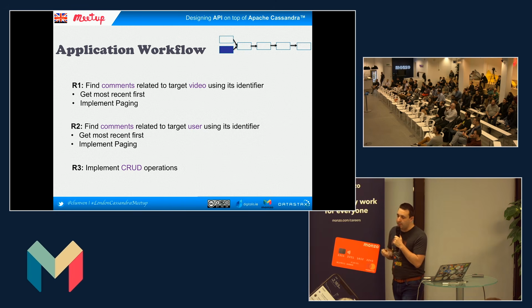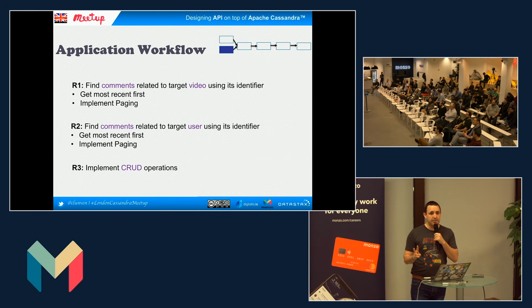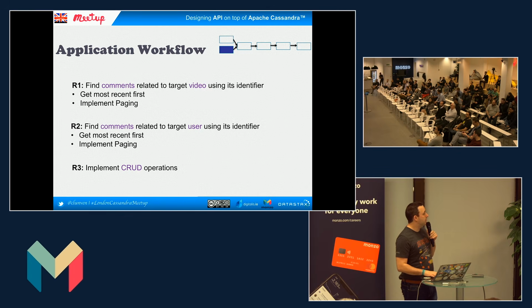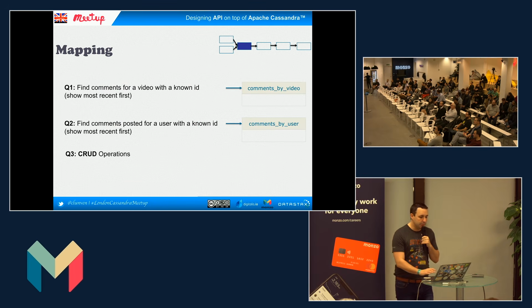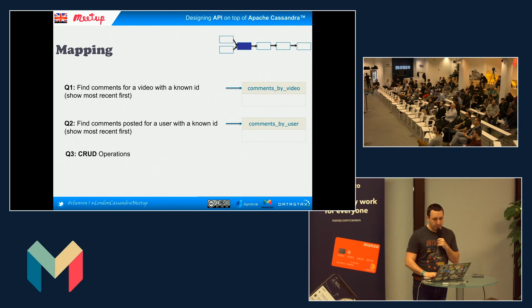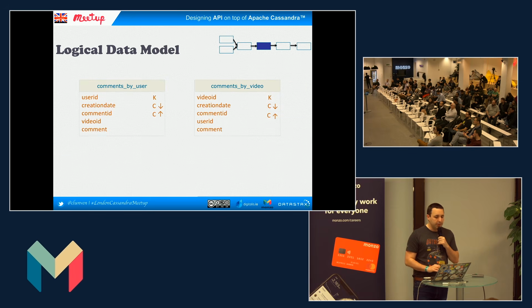On one screen I will show all the comments for a video, and on another screen all the comments for the user profile page. So, of course, 2 queries, 2 tables, and all the CRUD things, but no big deal. Using the mapping rules, you will then create 2 tables like that. Use the different attributes and you get your logical data model. So far so good.